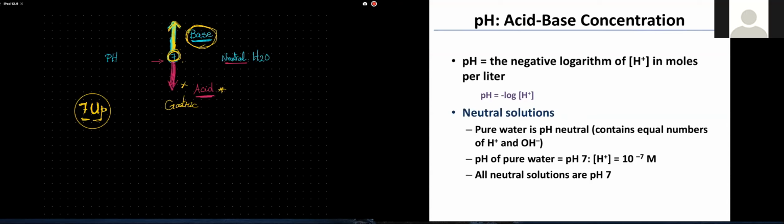All right, so again, greater than 7, is it a base or an acid? Remember, 7-Up. 7-Up is base. Below 7 is going to be an acid. Remember, 7-Up first got introduced as a treatment of gastric acidity. So it's an alkali. It's a base.